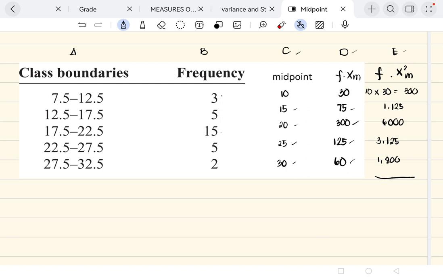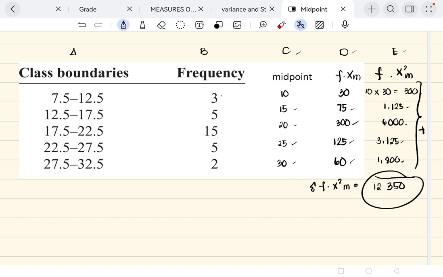So after multiplying our column C and column D, we will find the sum. So that is 300 plus 1,125 plus 6,000 plus 3,125 plus 1,800. So we add. So the total is 12,350. So that is our summation of our frequency times x squared m.